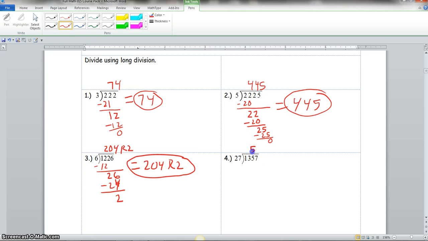And I believe it goes in 5 times. 5 times 7 is 35, carry 3. 5 times 2 is 10 plus 3 is 13. 135 minus 135 is 0, and you bring down your 7. 27 does not go into 7, so we have our 0 here. And we have nothing else to bring down, so it'll be 50, remainder 7. So our final answer is 50, remainder 7. Now we scroll down.